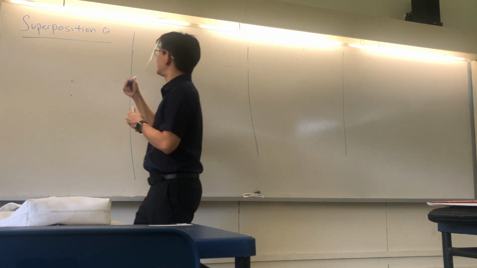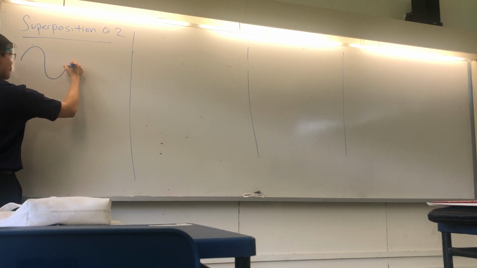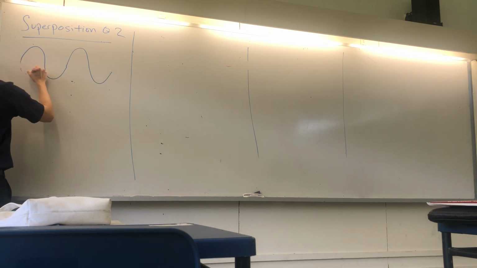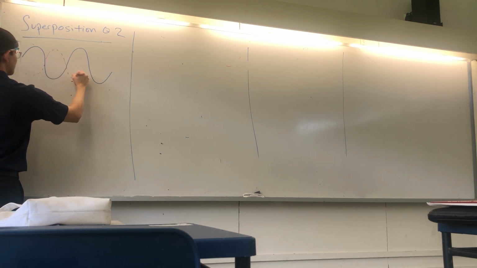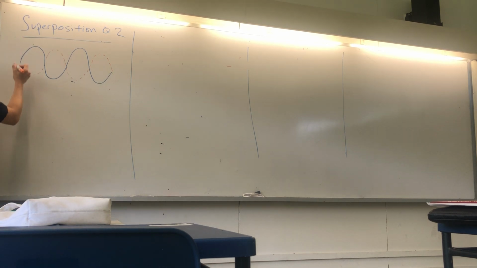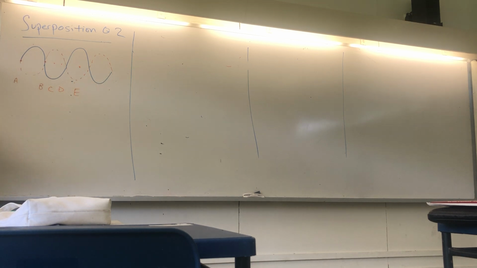Okay, let's look at question 2. So a standing wave is produced again, and we have a few points that we want to talk about. This is A, this is B, this is C, this is D, and this is E. Right?